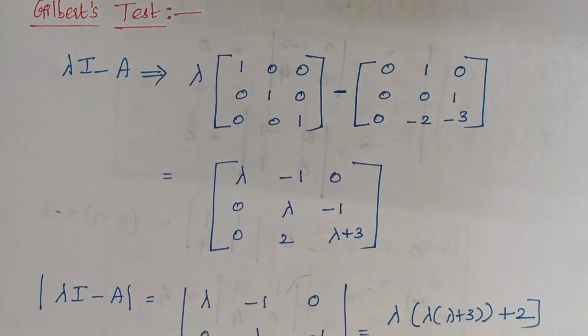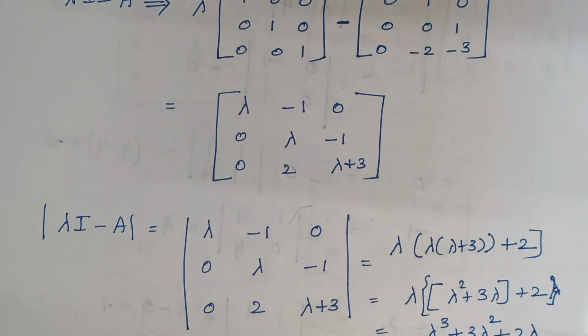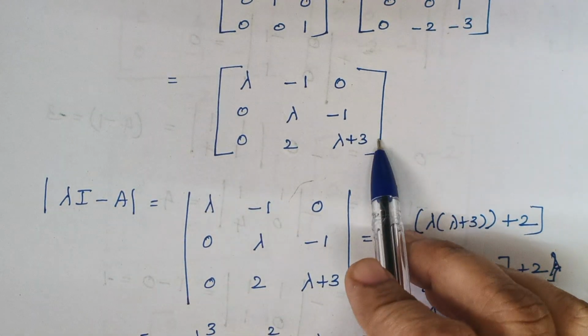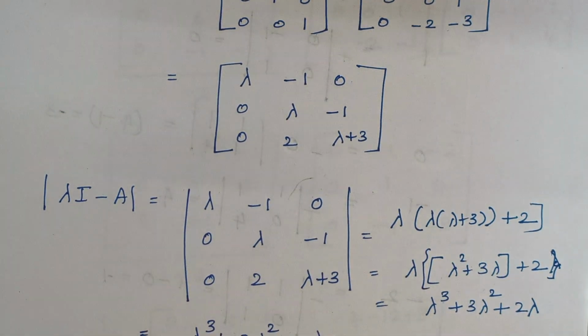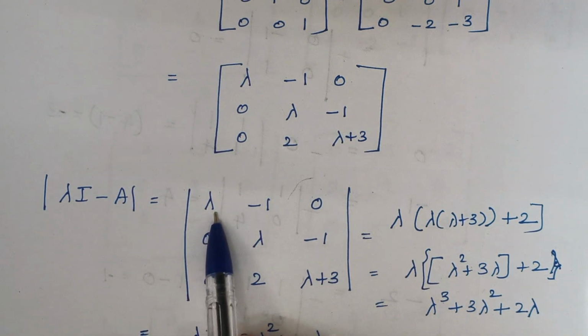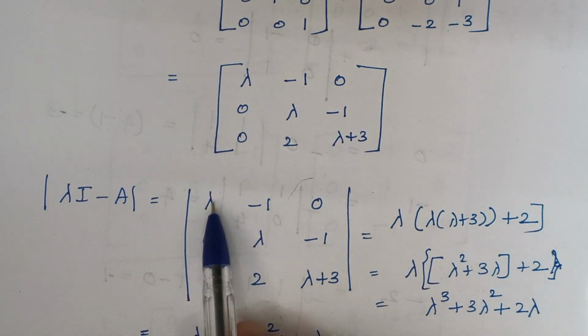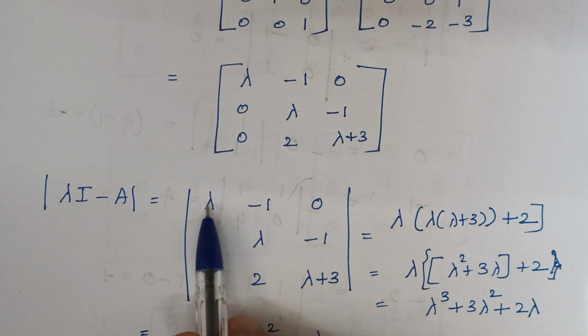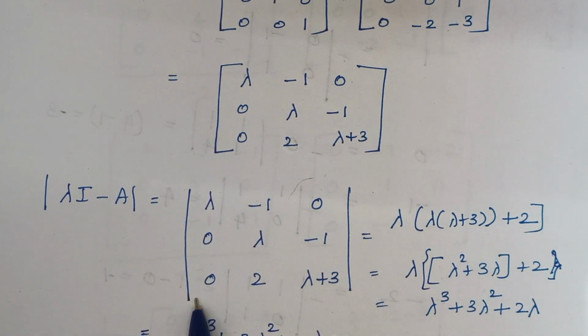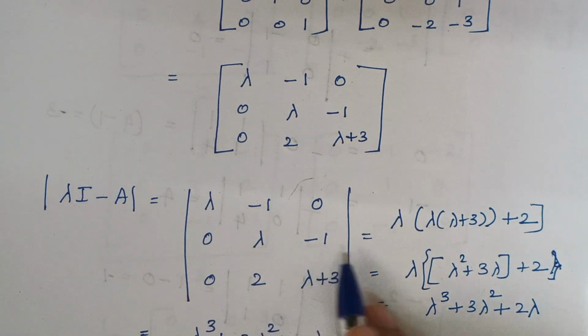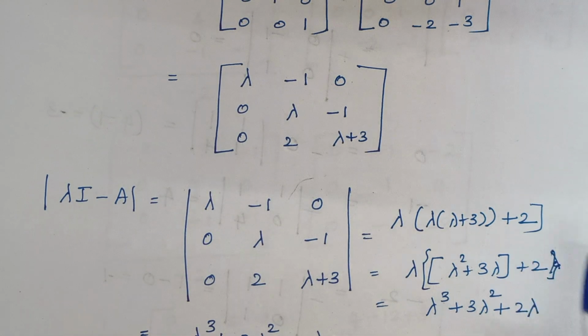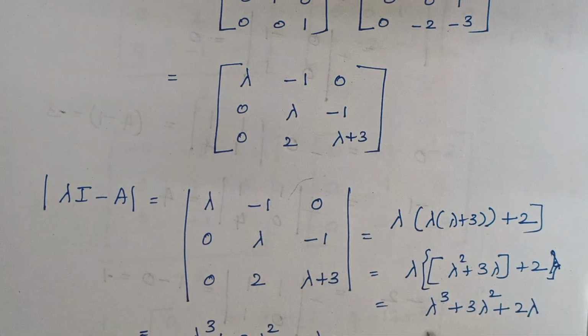The next thing is to calculate the determinant of this matrix. As usual, the first element is lambda, so we leave this row and this column, and we get lambda into lambda plus 3, minus of 2 into minus 1, which becomes plus 2. Once you multiply, we end up with lambda cube plus 3 lambda square plus 2 lambda.